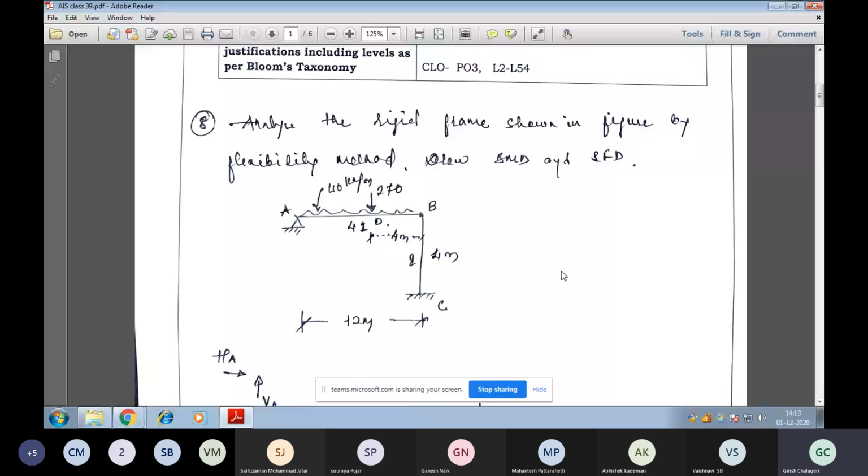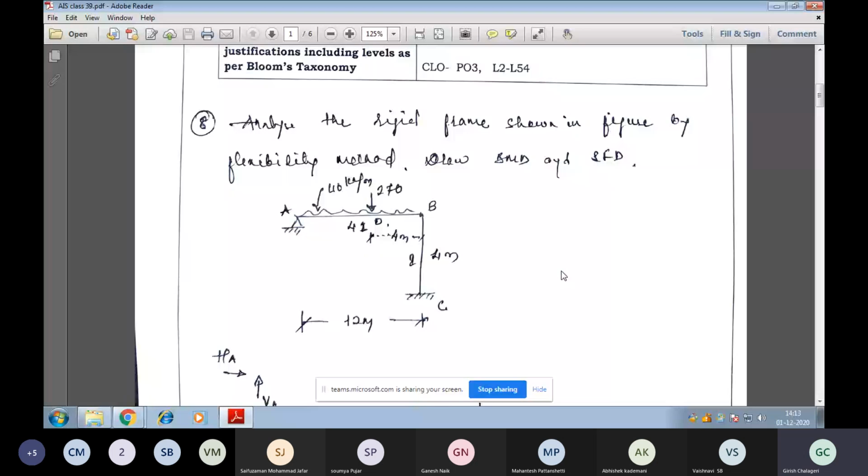One is a UDL of 40 kilonewton per meter over the entire beam, whose total span AB is 12 meters, and a point load of 270 kilonewton is applied at a distance of 4 meters from joint B. The moment of inertia for member AB is 4I, and for BC it is I. The span is 4 meters for BC, and for the beam it is 12 meters.